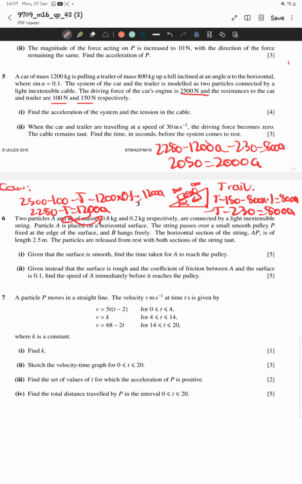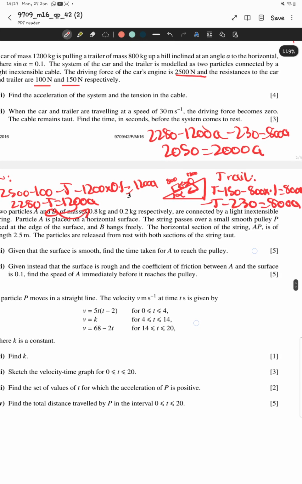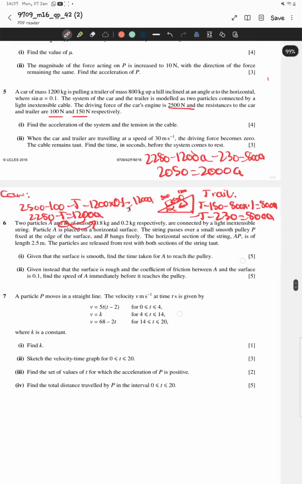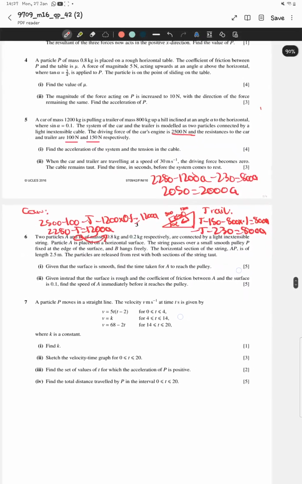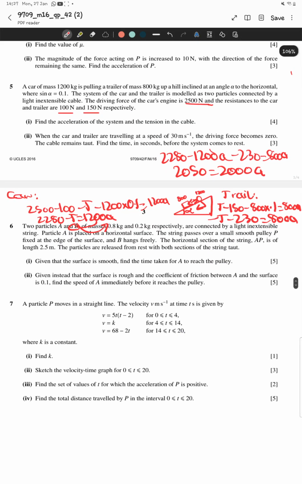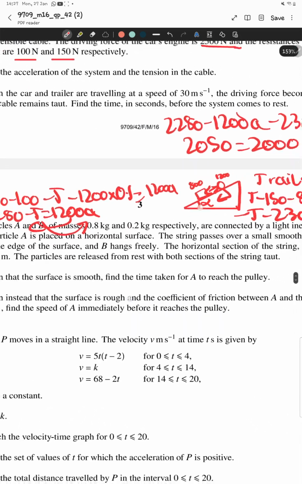Wait, have I done something? I think I made some mistake. Did I not multiply something? I think I forgot to multiply something. Yeah, okay.